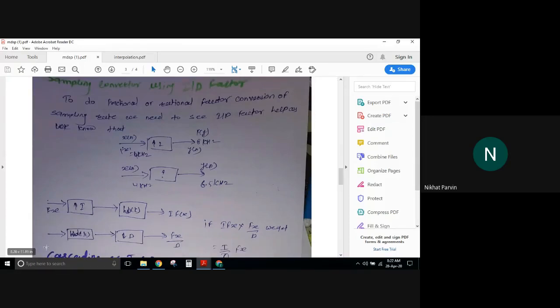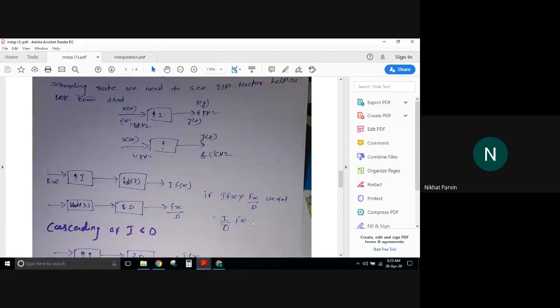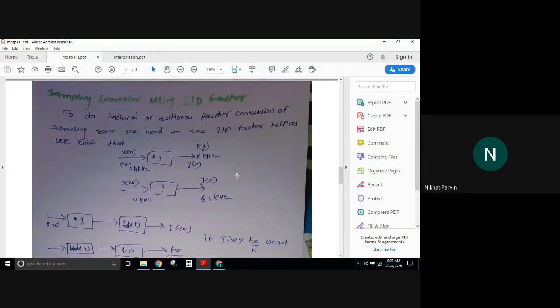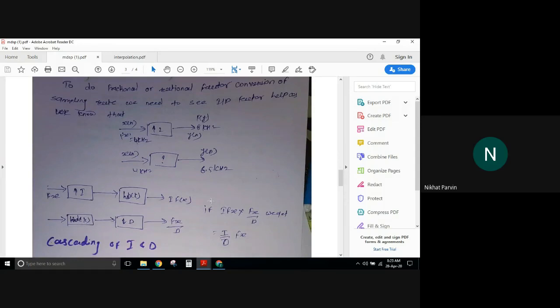Or else you can have h_d of k followed by decimation, giving f of x by D. Now, if you combine these two, you get I by D times f of x. That means when you want rational factor conversion of the sampling rate, we should use interpolation by decimation factors, which help us get this kind of fractional sampling rate conversion.